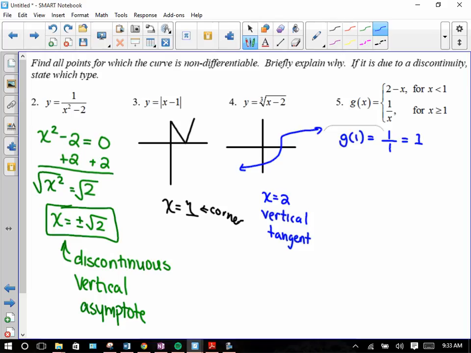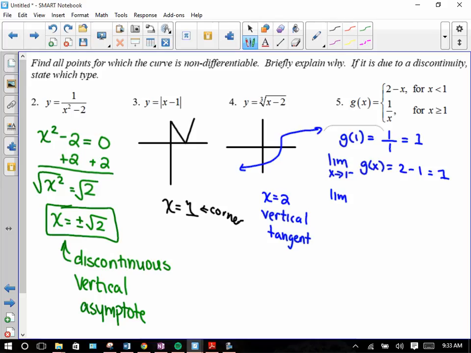Now we need to figure out what the left hand limit is equal to. The limit as x approaches 1 from the left of g of x is going to be 2 minus 1, which is 1.